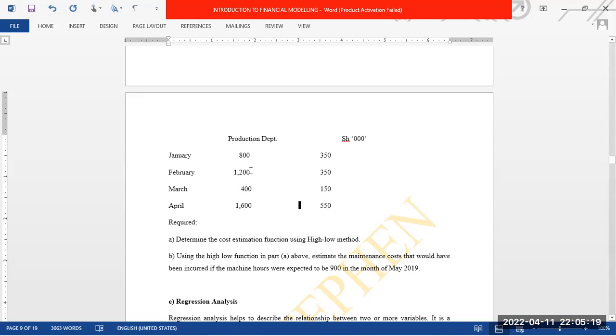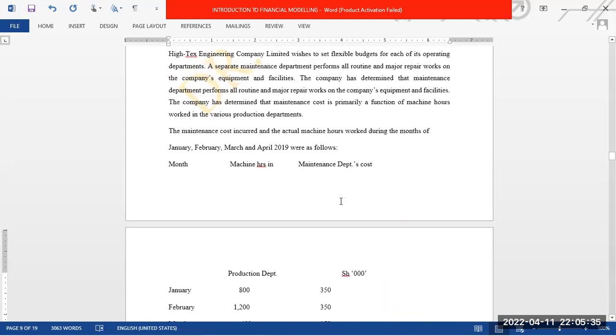The lowest is 400, and its cost is 150. So you're supposed to be using the high-low cost method, and that is where we will be picking from next time when we are solving the equation in high-low.